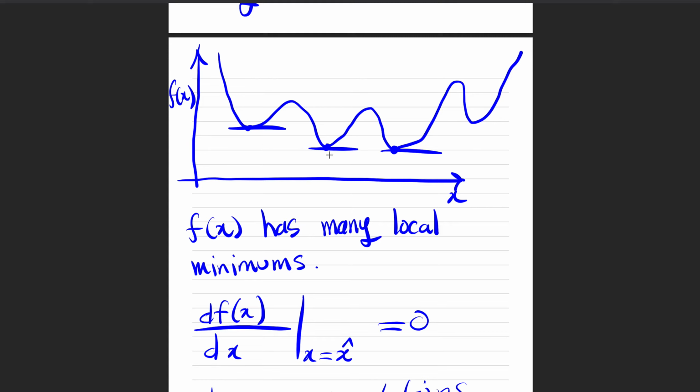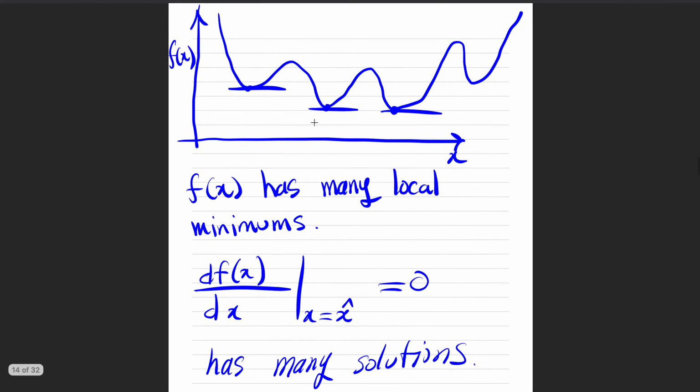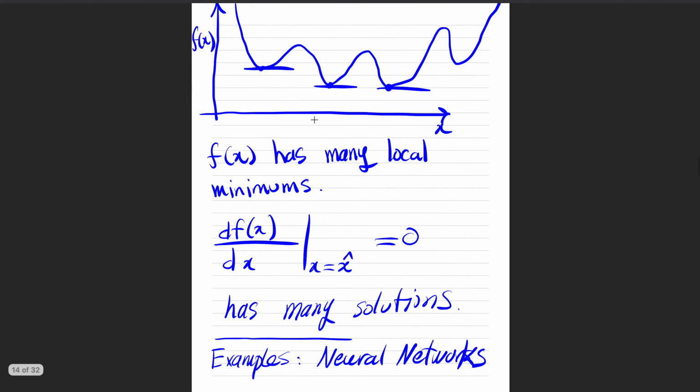We can't look at the whole line of values, and that's something that can happen. It doesn't happen for the generalized linear model family, but it happens for very flexible models and neural networks that we'll see later.